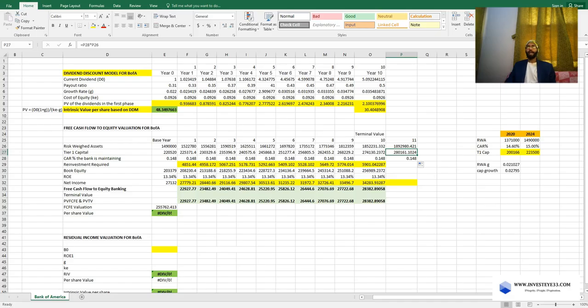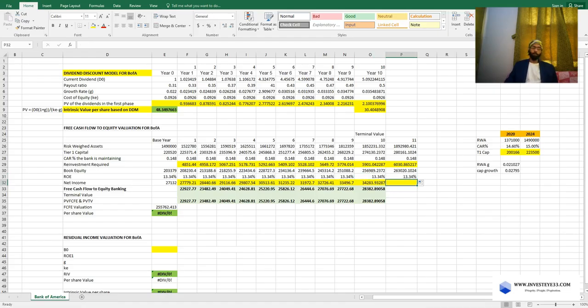And in effect, we actually get the reinvestment required also. This is equal to capital required at year 11 minus capital required at year 10. So we have the number for reinvestment required also, right? The book equity, we can simply stretch it. The 10th year book equity plus the reinvestment required gives the book equity for year 11. And let me say the return on equity is constant at 13.34%.